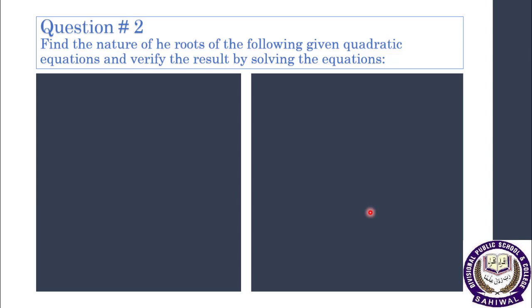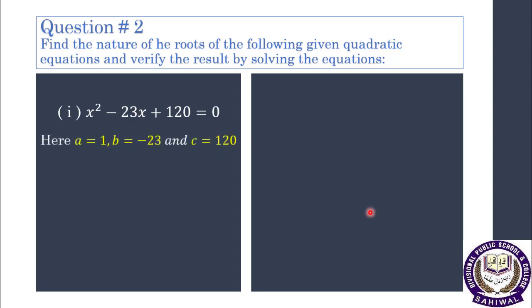Now we will find the nature of roots of the quadratic equations and verify them by solving the equations. The first equation we have is x square minus 23x plus 120 equal to 0.